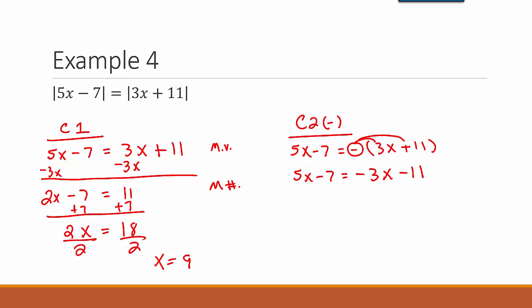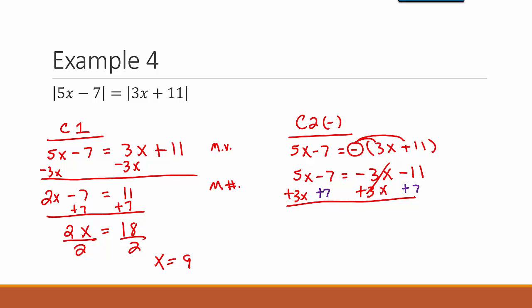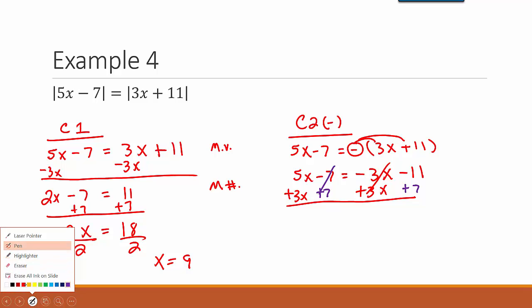Now I'm going to do the next 2 steps all in one step. I'm going to move my variables to the left and my regular numerical terms, my constant terms, to the right. So we'll add 3x to get the x's moved over to the left, and I will add 7 to get my numerical terms or my constant terms on the right.